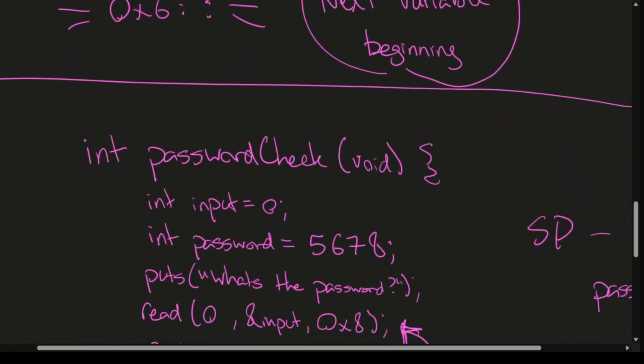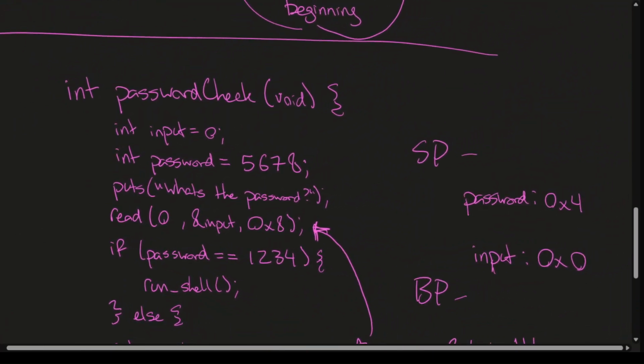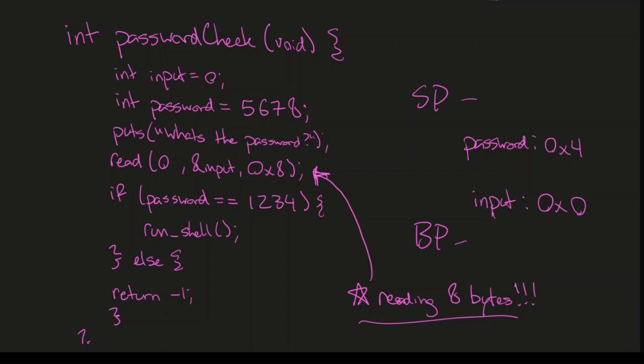So let's finally get into some hacking over here. We have a very basic password check right here. This password check doesn't take in any arguments. It has an integer input and an integer password. It asks the user what is the password, and it reads into the input, and then it checks the password.